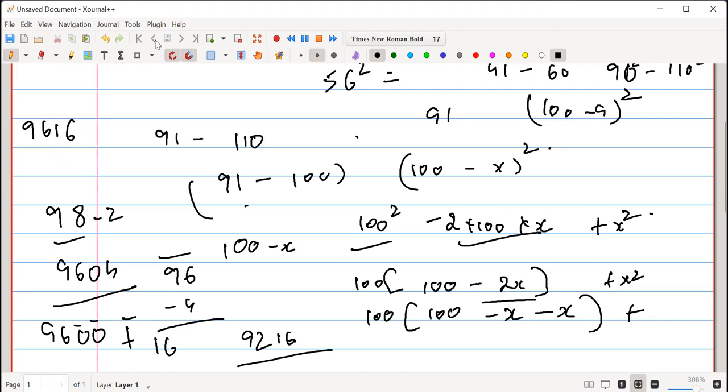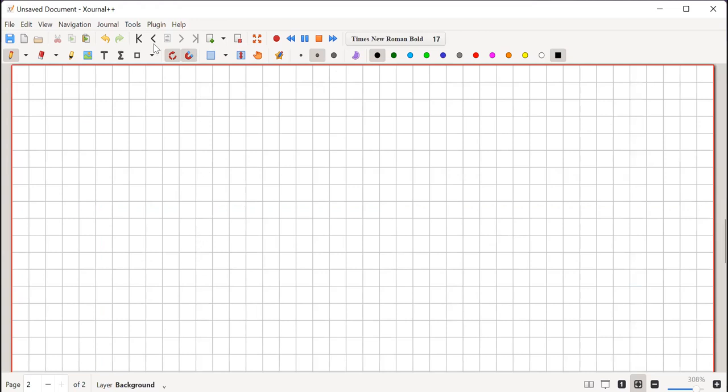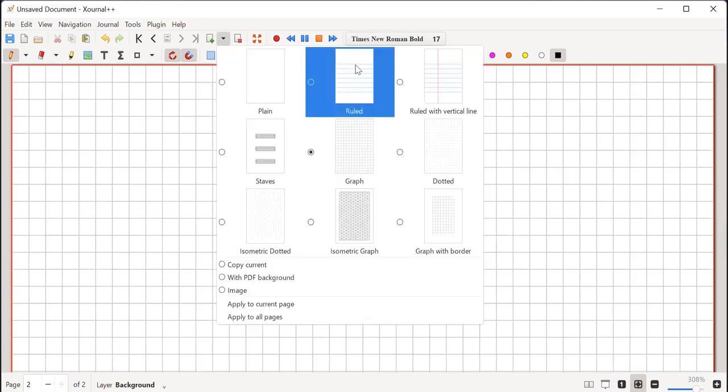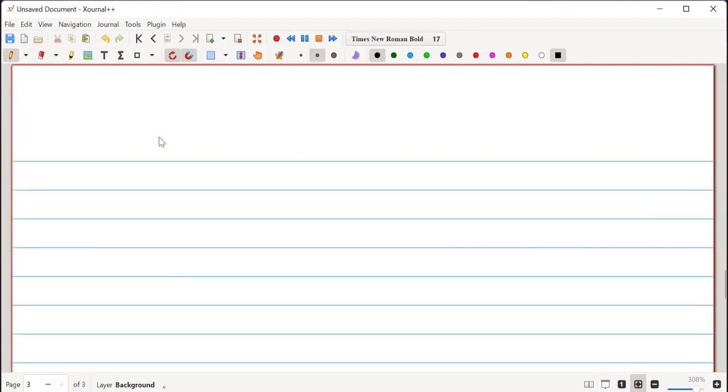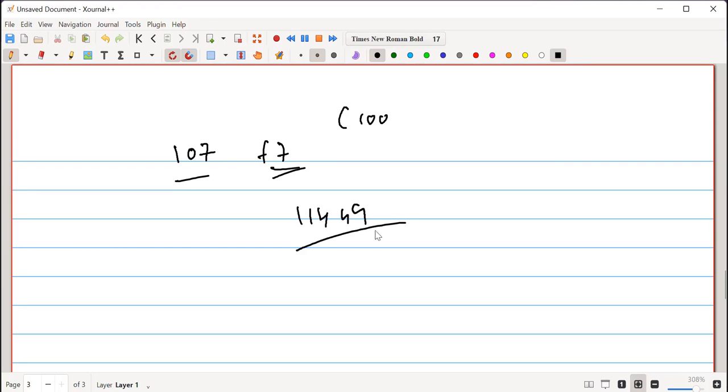Likewise, you asked for 107 squared, isn't it? Same principle applies. 107 plus 7, 114. 7 squared. That's it.